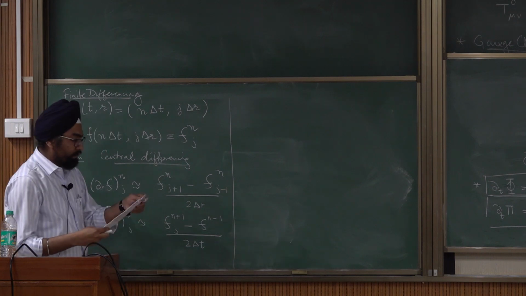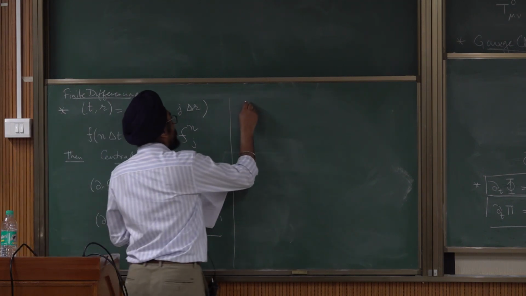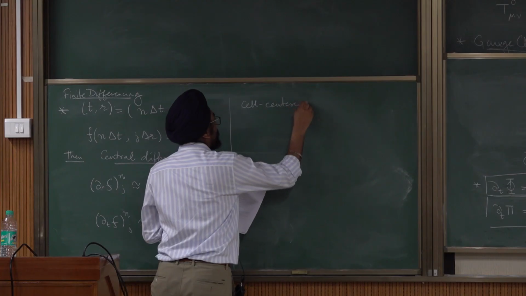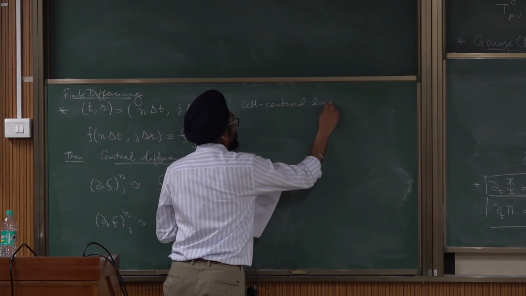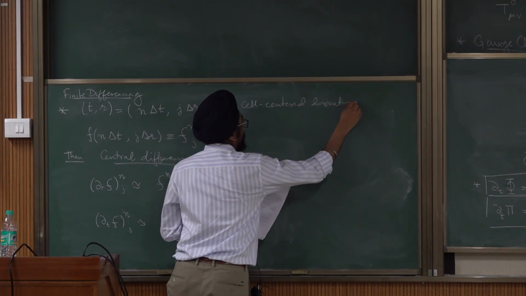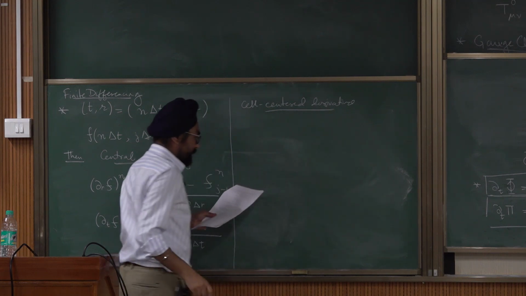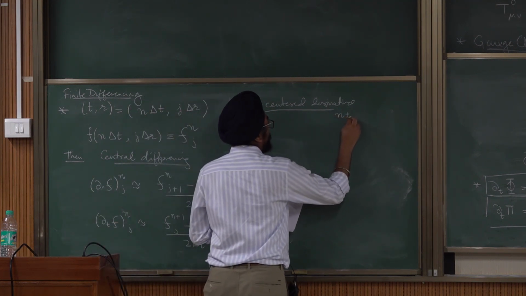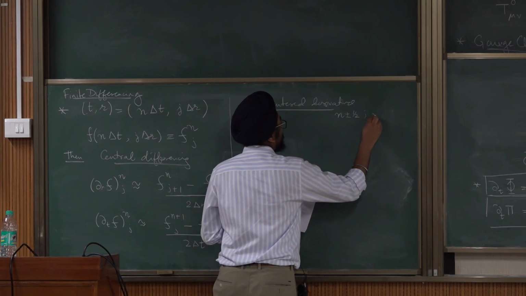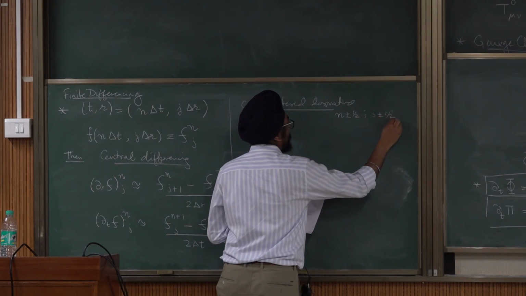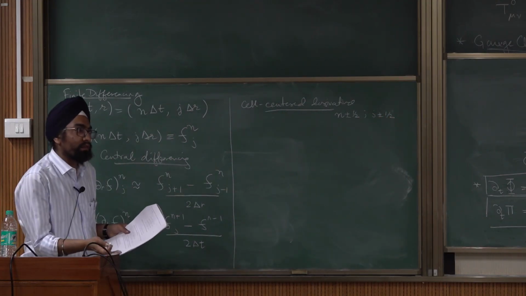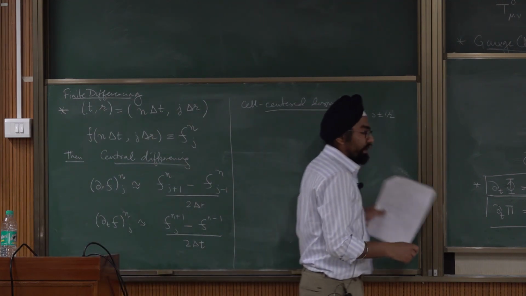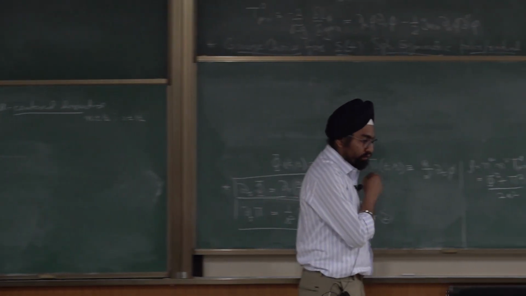What you introduce are called cell-centered derivatives, meaning you define points which are n plus and minus half, j plus and minus half. That is, you are advancing, let us say, half a step forward. I'll tell you where this is useful.